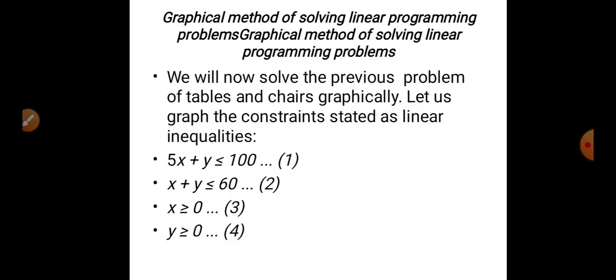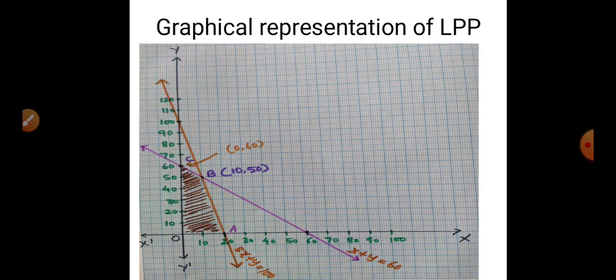In the second case, x and y are 0, and that is less than 60, so the second inequality will also be true. So the graph will be toward the origin. So the shaded portion is what we have to take, because x and y are both positive. So this is the shaded portion, and this is A, B, C and O.